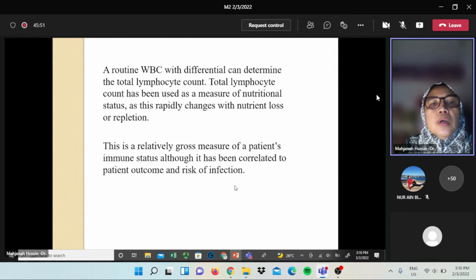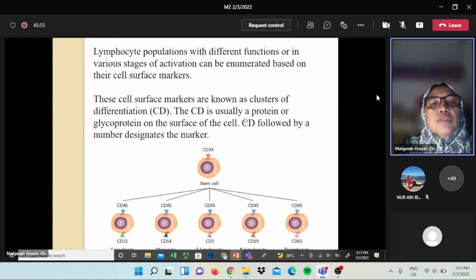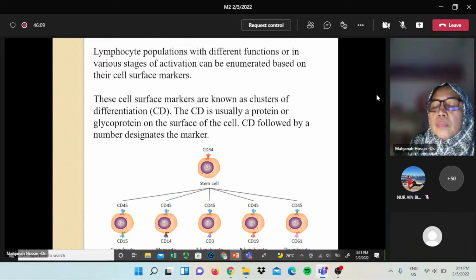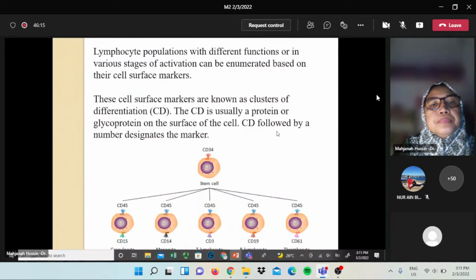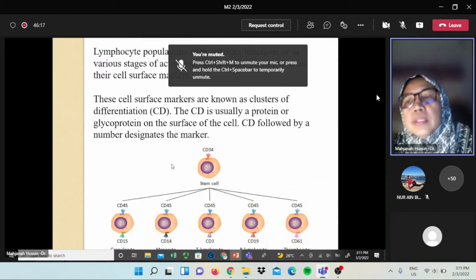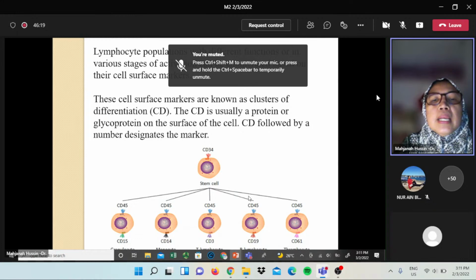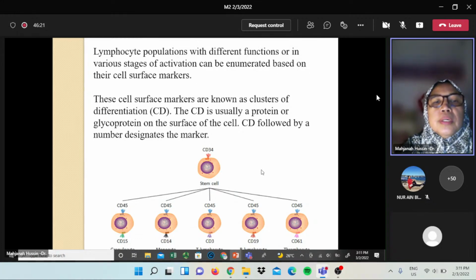All right. So here is your lymphocyte population with different function at the various stages of activation. The lymphocyte can be recognized by a marker on them, right? The marker is the one that starts with CD, cluster of differentiation.